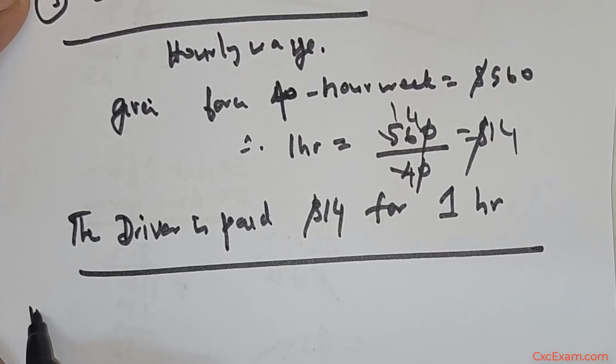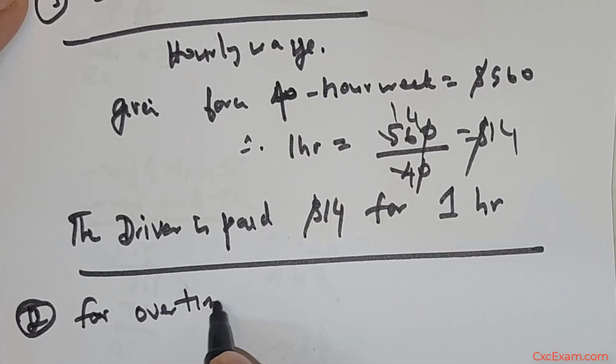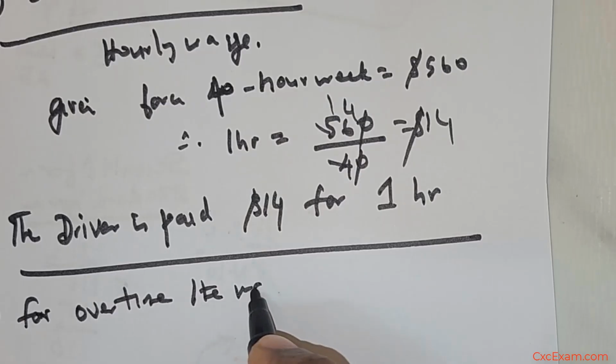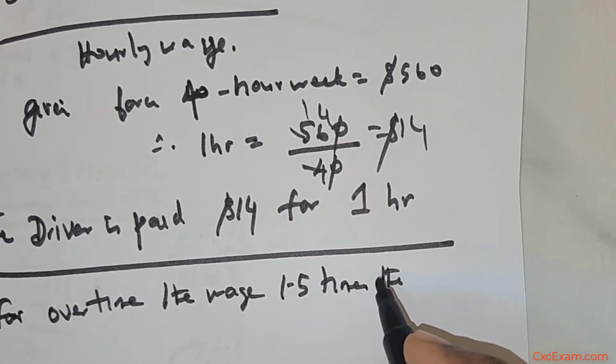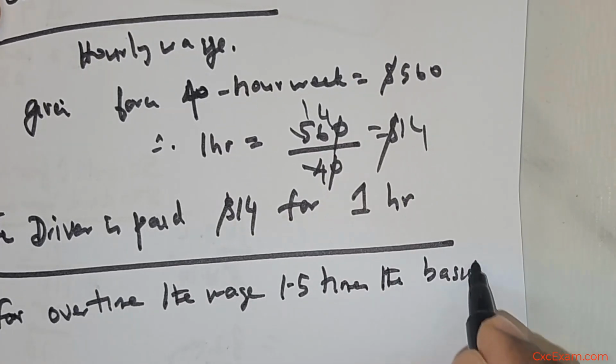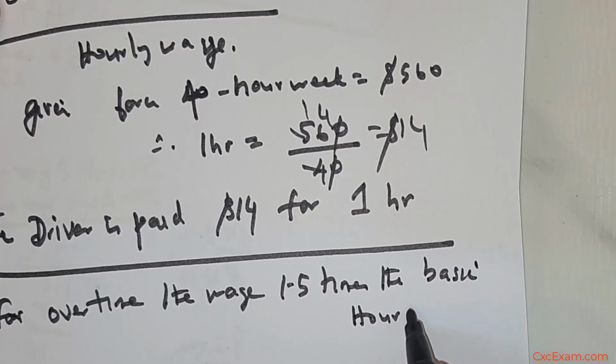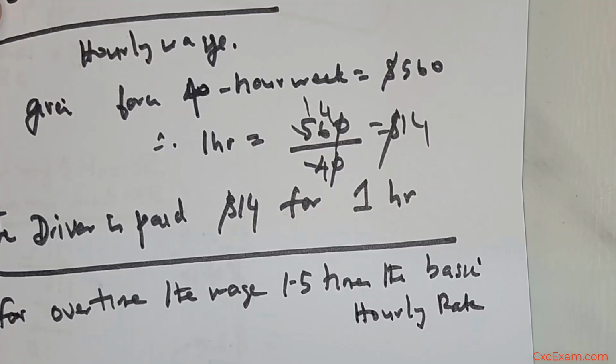Now question number 2, or part 2. For overtime, the wage is 1.5 times the basic hourly rate. In this case the usual rate is $14 an hour.